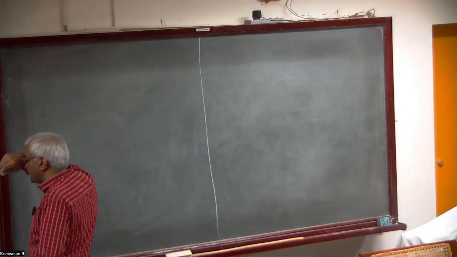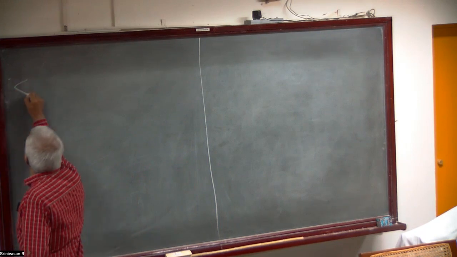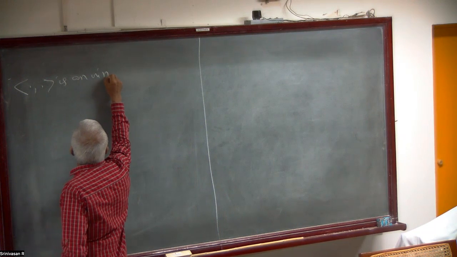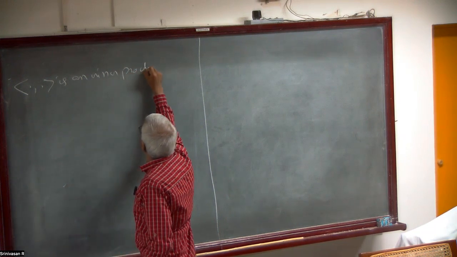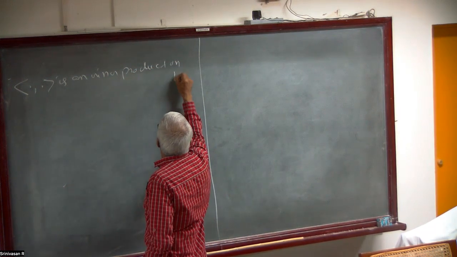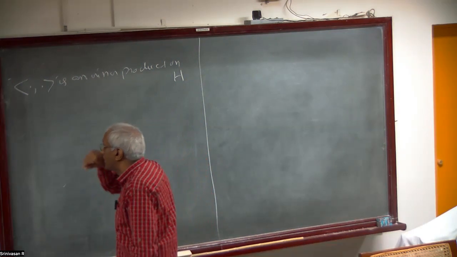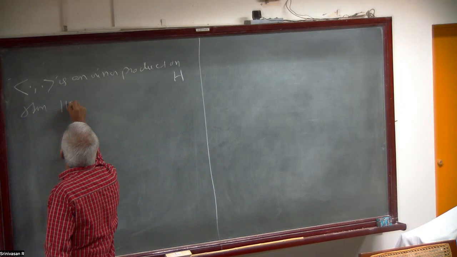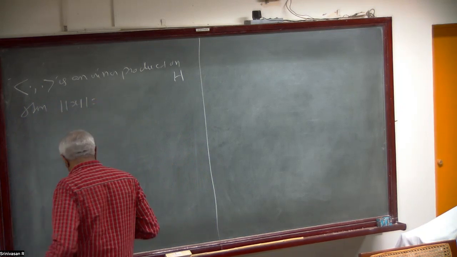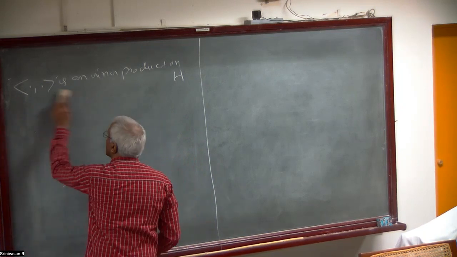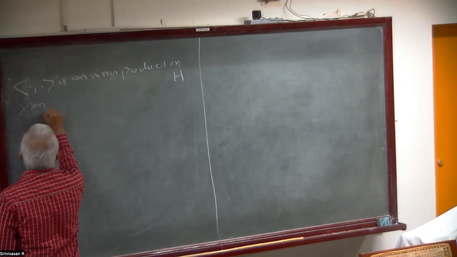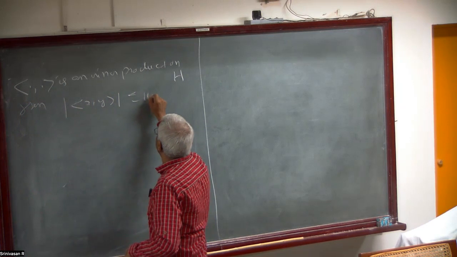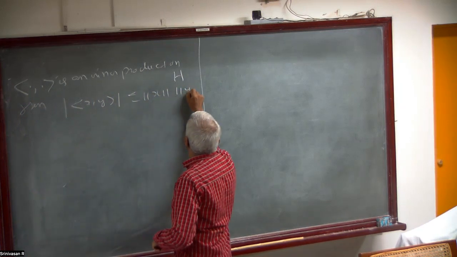So once you have an inner product, then you can define the norm of x. The absolute value of the inner product of x and y is less than or equal to norm x times norm y.